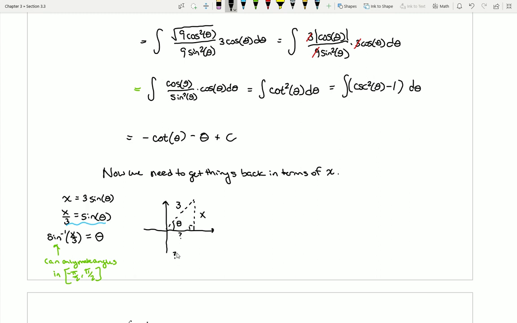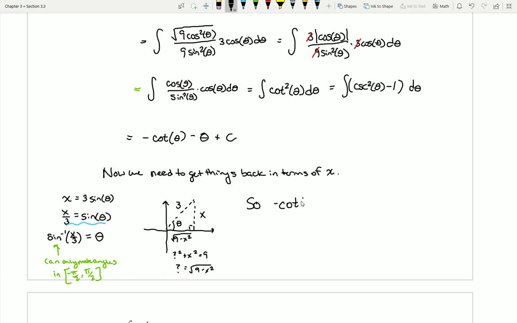That side would be mystery value squared plus x squared equals 9. So that mystery side should be equal to the square root of 9 minus x squared. So I'm going to write in that value. This side has to be the square root of 9 minus x squared. But if I know this triangle, can't I find what the cotangent of that angle is directly?